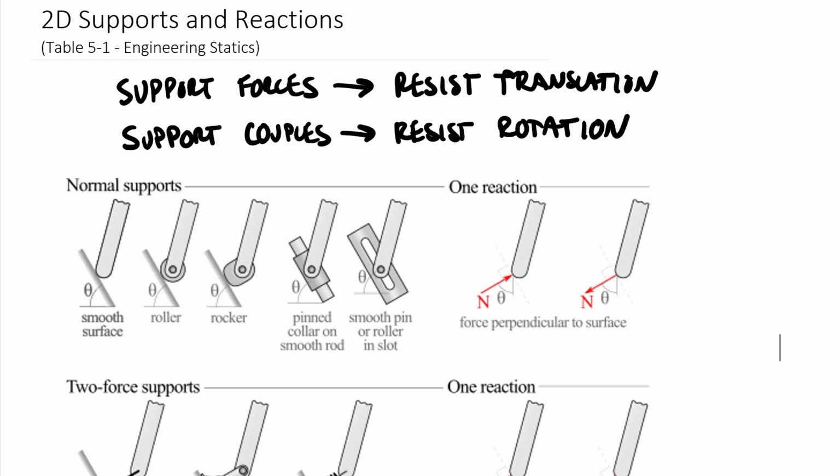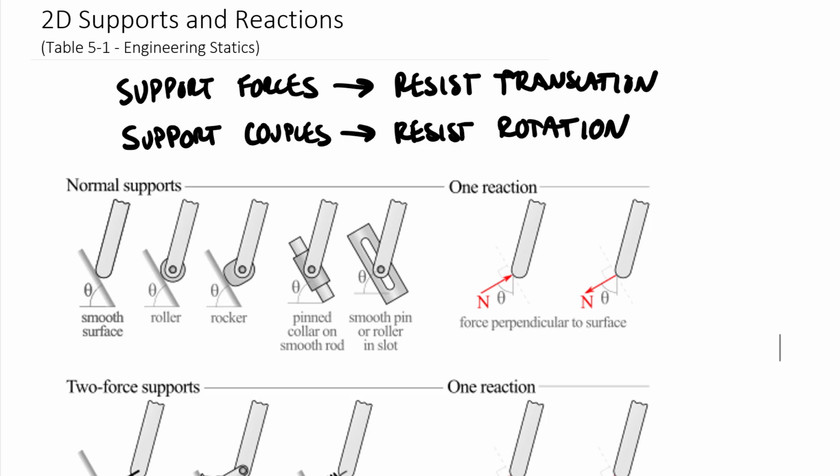Okay, and it turns out for two-dimensional supports and reactions, there's only a few support couples, and those can be down toward the bottom of this table, but there's quite a few different kinds of support forces. Okay, so let's go through these, and I've clustered these into what type of reactions, basically how we can quantify what the support is and the kind of reaction that comes from it.